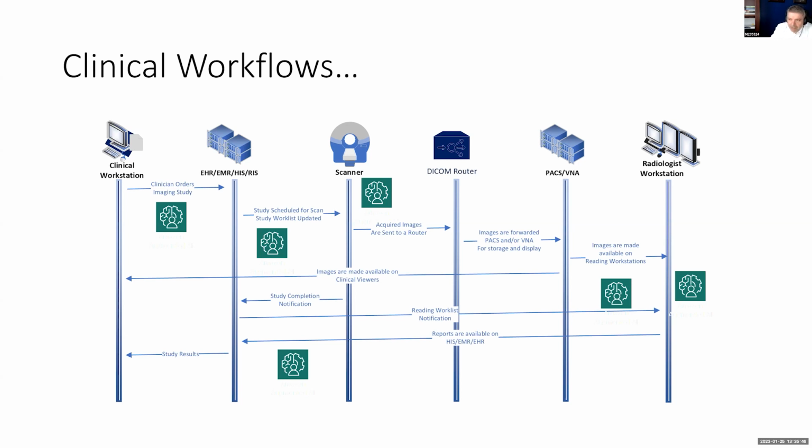In this example, we used a lung cancer screening or follow-up. That would be like a chest radiologist maybe looking at those images. Then once the images are read, you would write the report, and that report will go back into the EMR to be viewed by the physician who ordered the exam.